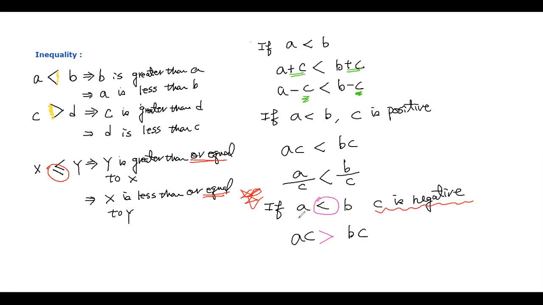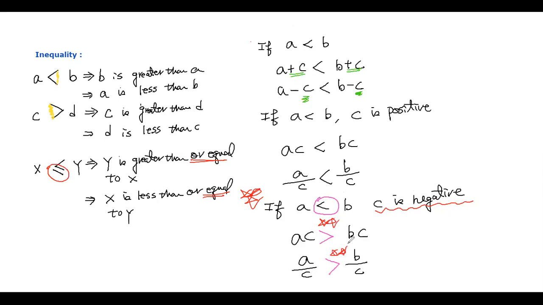So from A less than B, if you multiply by a negative number, your inequality switches. The same way, if you divide by a negative number, your inequality has to switch. This is super important.